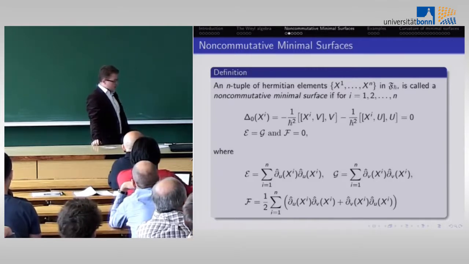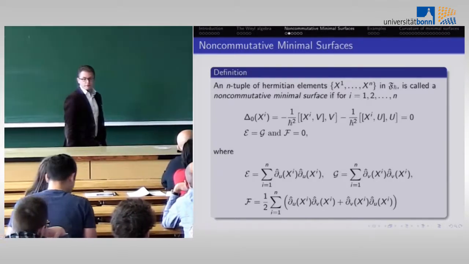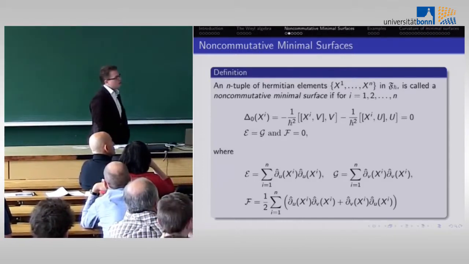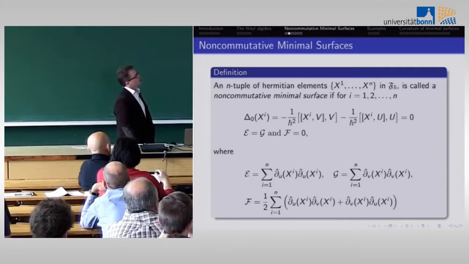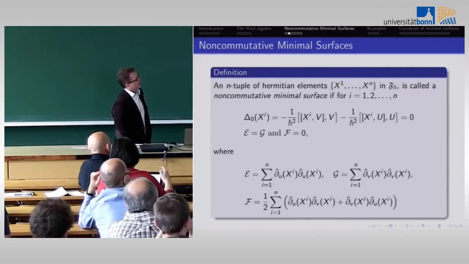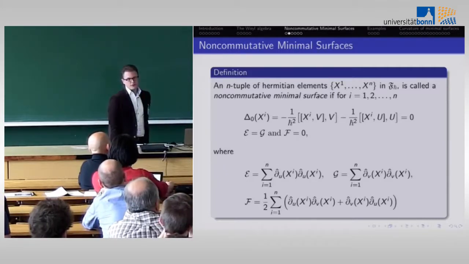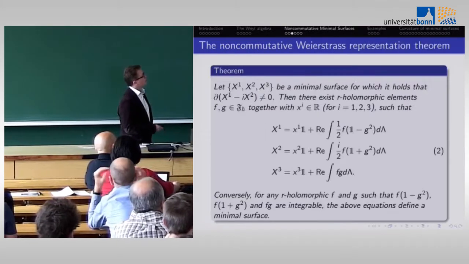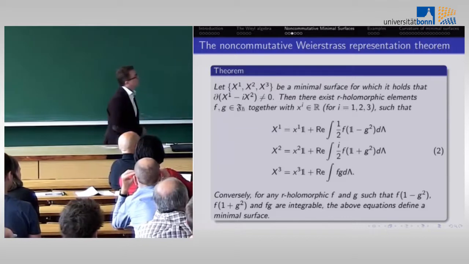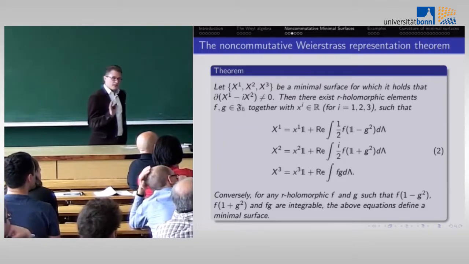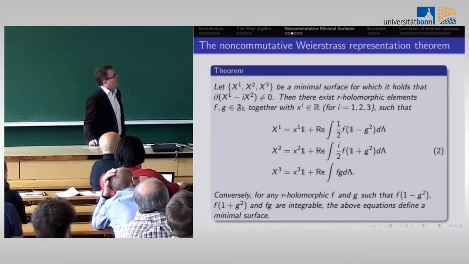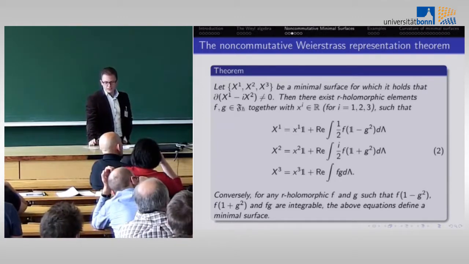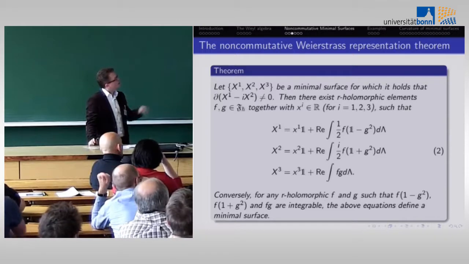Now, with these definitions, you can actually prove the same theorem for non-commutative minimal surfaces, giving you, if you don't like the word surface, a solution to such Laplace equations, an infinite number of solutions. So this is the theorem you prove. So now you take 3 elements, and you have to have some technical condition which is already there in the classical case. You want to exclude planes and so on.